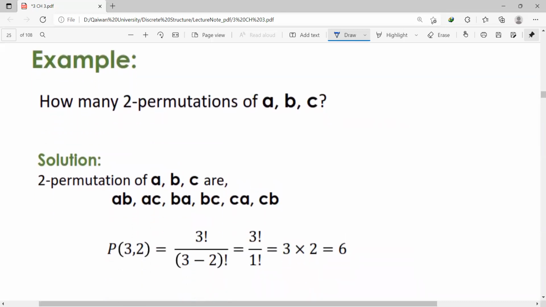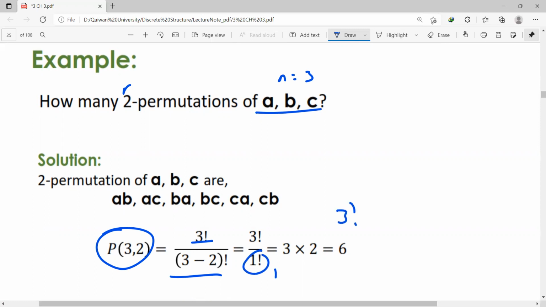How many 2-permutations of 3 elements? That means here r is 2, n is 3. So you say P of 3 and 2 is 3 factorial divided by 3 minus 2 factorial. That's 3 factorial over 1 factorial, and 1 factorial is still 1.